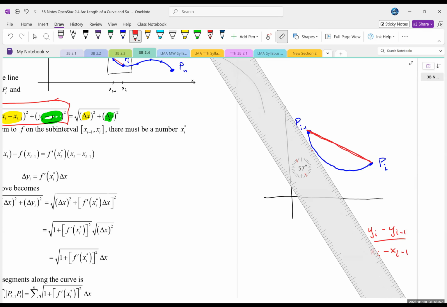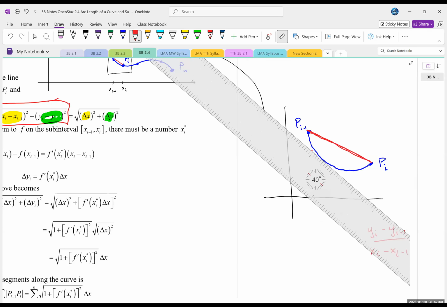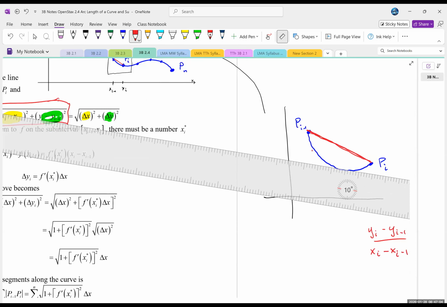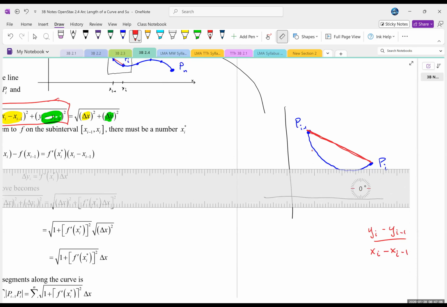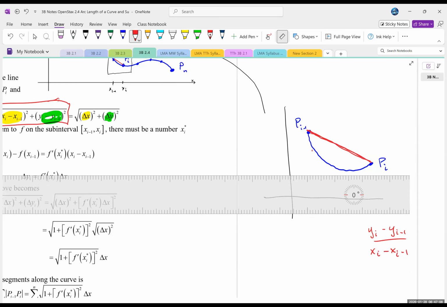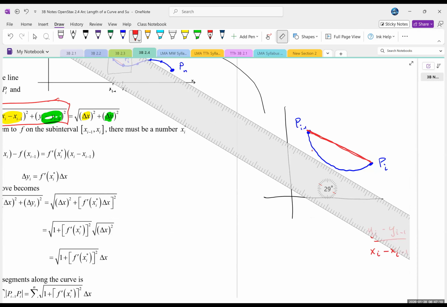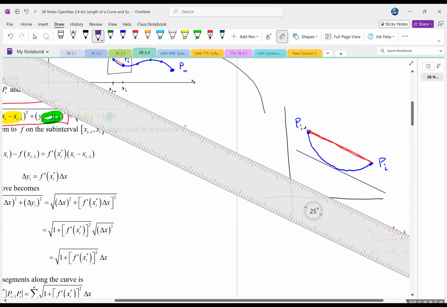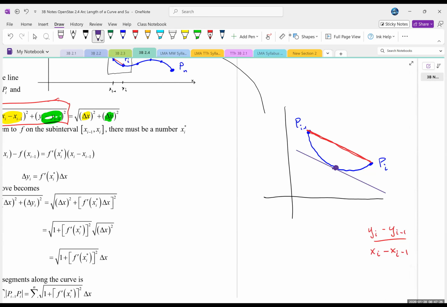And I've got all these different tangent lines as my points travel along the blue curve. Are we in agreement? One of them must be parallel to the red line. That's what the mean value theorem says. It says somewhere in here, there's a point so that the slope of the tangent line at that point is equal to the slope of the secant line.